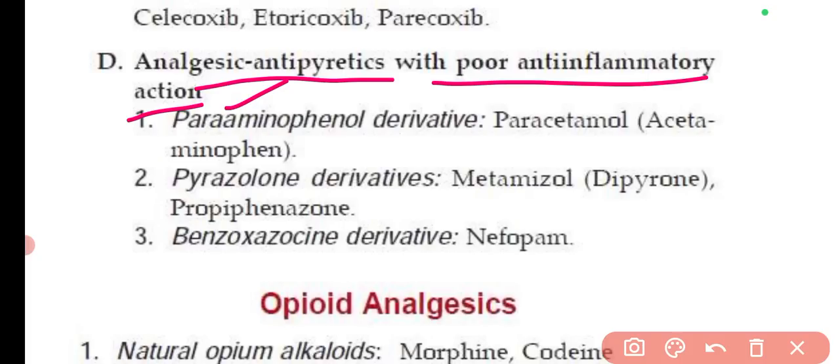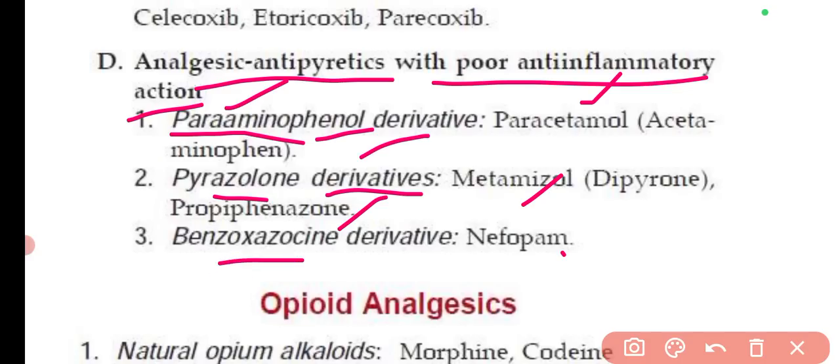So there are three subcategories again. First one is paraaminophenol derivative, in which paracetamol is the example. Then pyrazolone derivative, in which metamizole, which is dipyrone, and propyphenazone, these drugs come under pyrazolone derivatives. Then in benzoxazocine derivative, nefopam is the drug which comes under this category.